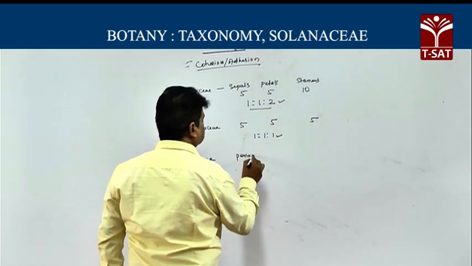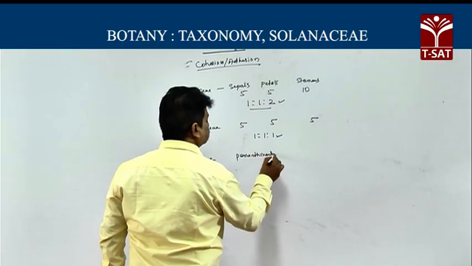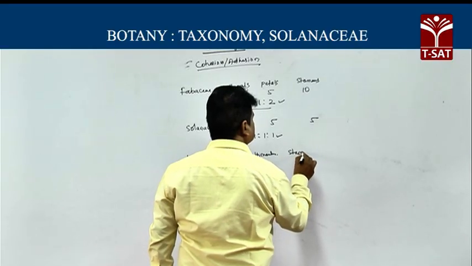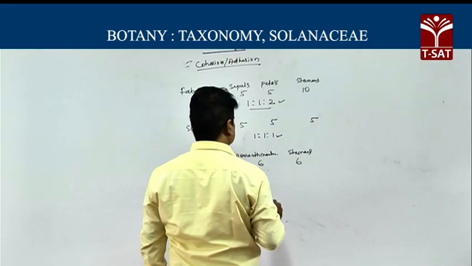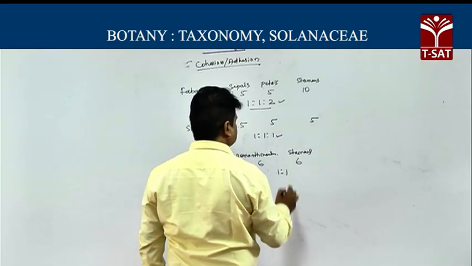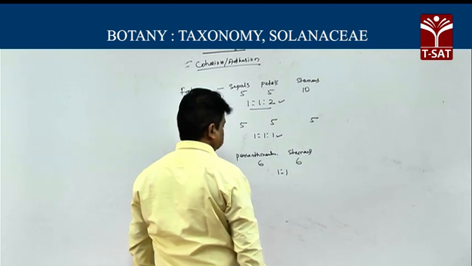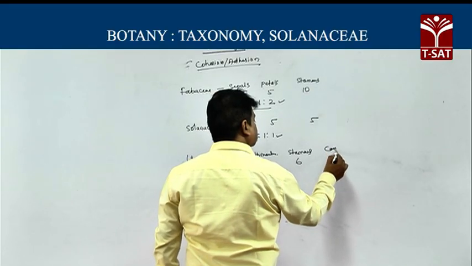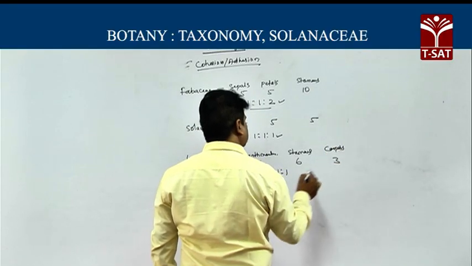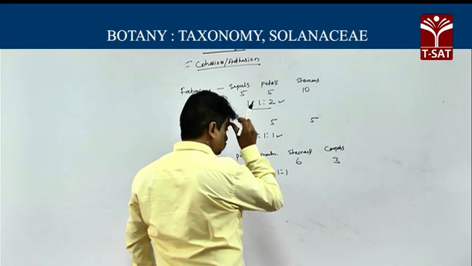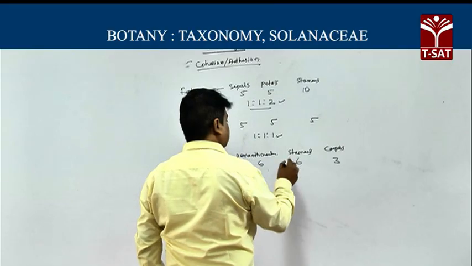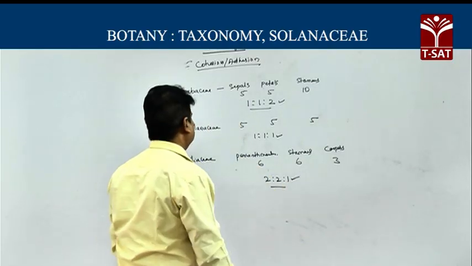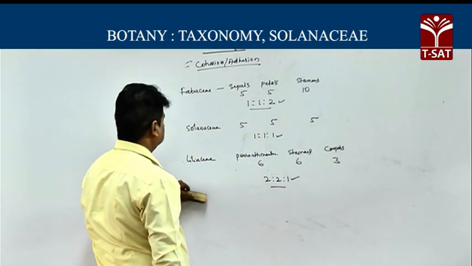Liliaceae, perianth members 6, stamens 6. So perianth members and stamens 1:1, and perianth members, stamens, carpels 3. So ratio of perianth, stamens and carpels 2:2:1. These are ratios.